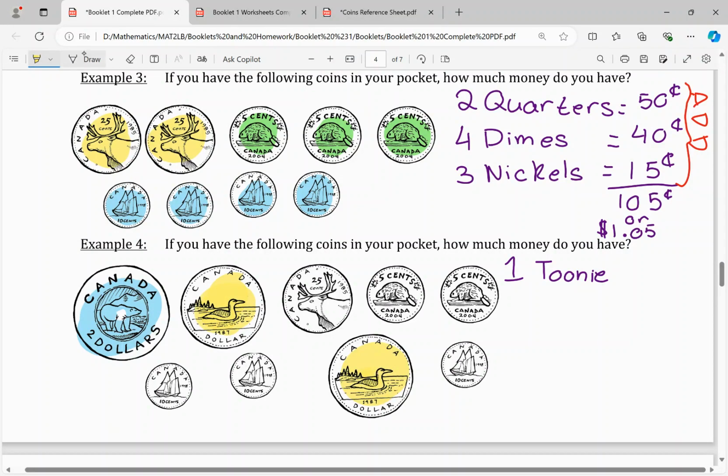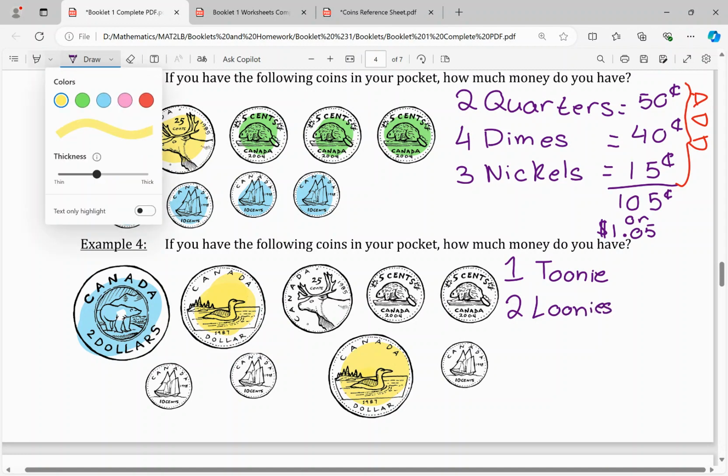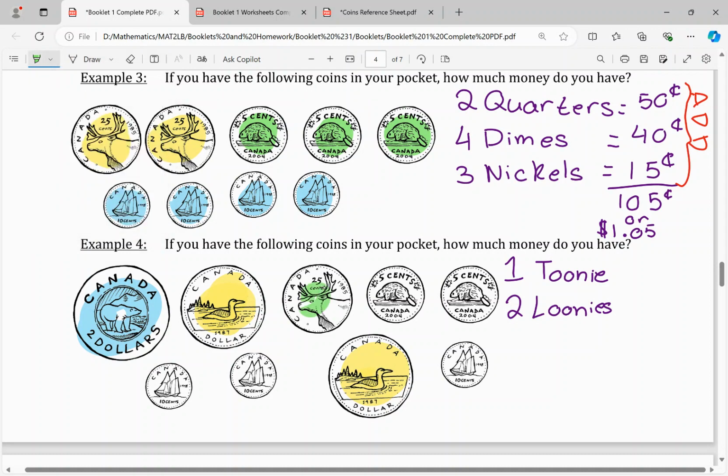Now, you may notice that I'm very specifically going from the highest coin to the lowest. You might want to do the same. We have 1 quarter.